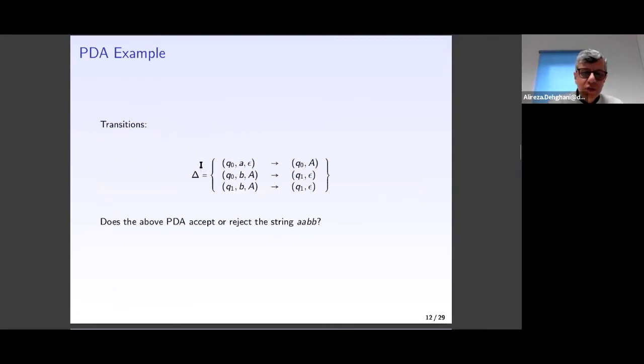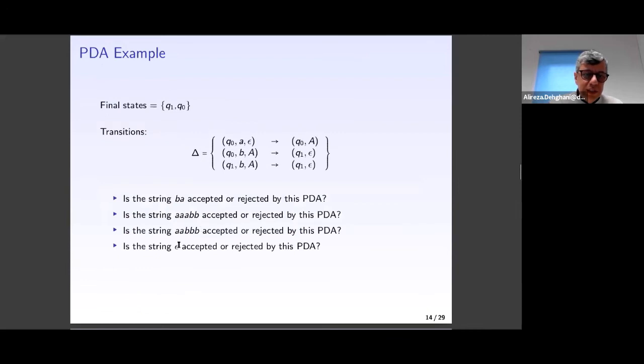My string is empty. I don't have any symbol. I don't push anything into the stack. I don't pop anything from the stack. I don't move to any other state. I will stay in Q0, and Q0 is a final state. So that's okay. I'm fine. So that is accepted.